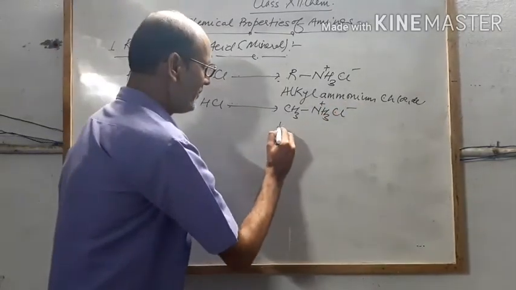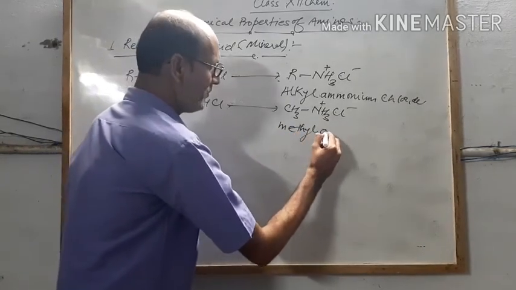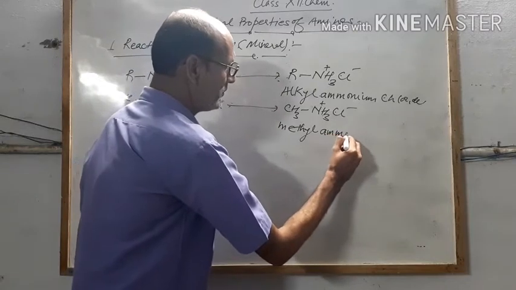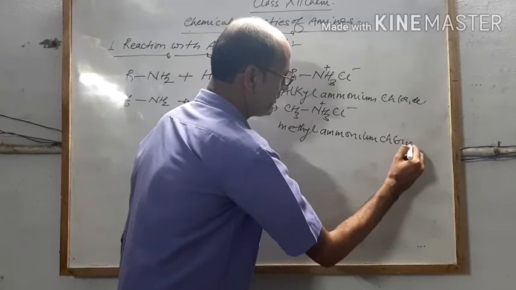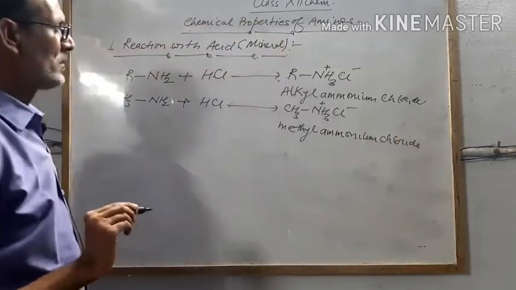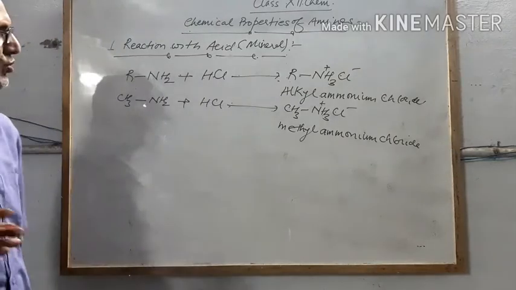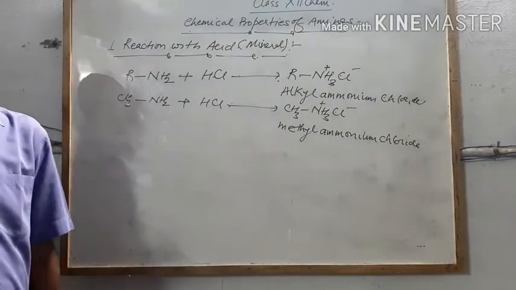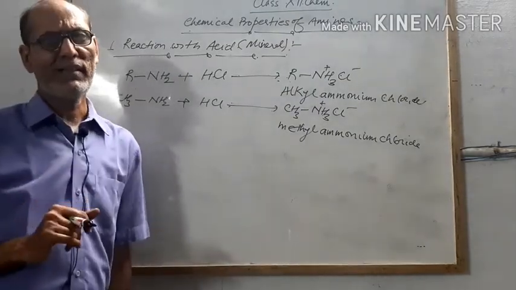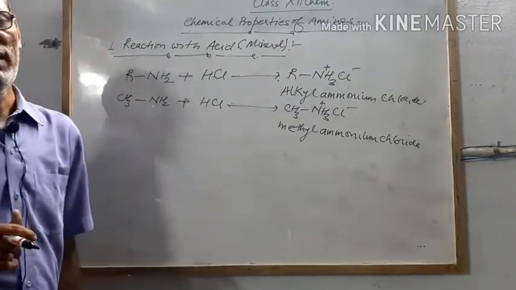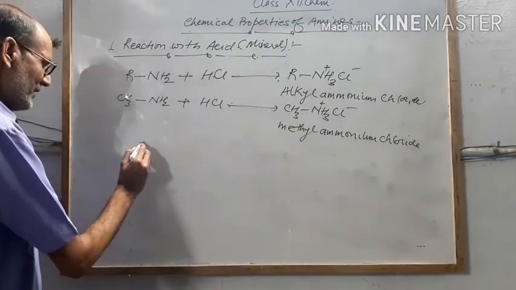The name will be methyl ammonium chloride. That means mineral acids like HCl, H2SO4, HNO3 all react with any type of amine, whether primary amine or others, and form salt.